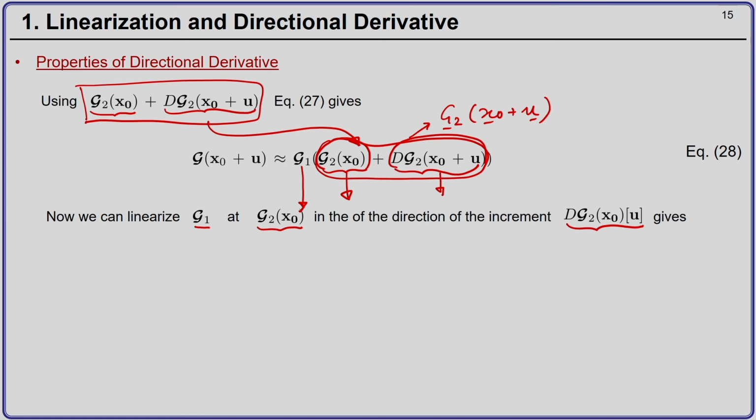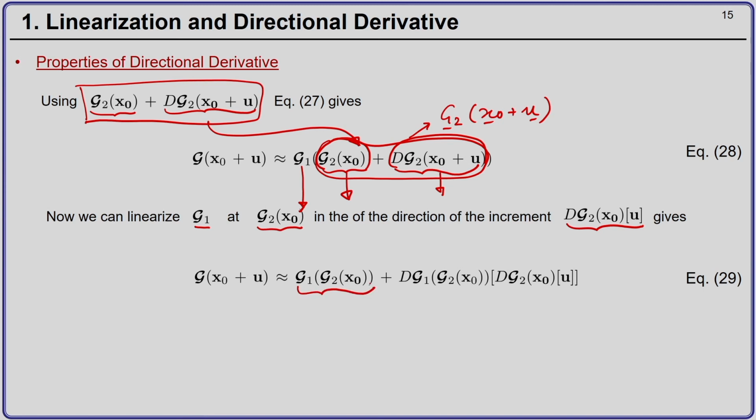So, when you do this, what do you get? G 1 evaluated at G 2 plus the directional derivative of G 1 evaluated at G 2 x 0 in the direction of the directional derivative of G 2. Okay. So, now you can see if G is G 1 of G 2 of x. Now, I am putting only one under bar because I just want to show that this need not be a scalar, it can be a vector, tensor, whatever.